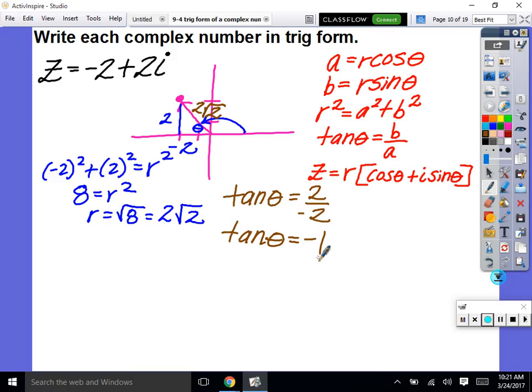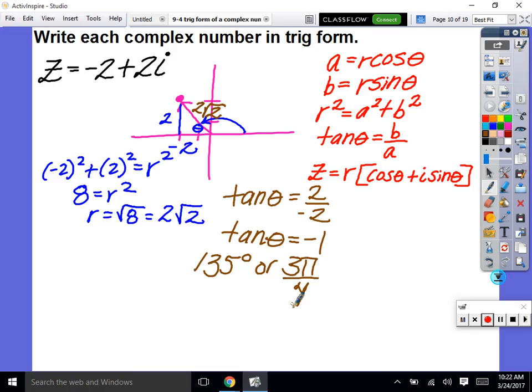Is that on my unit circle? Can I find theta on my unit circle? Yes. And it's got to land in the right quadrant. So what degree is this? 135 degrees, or in radians, that's 3 pi fourths. Either works.